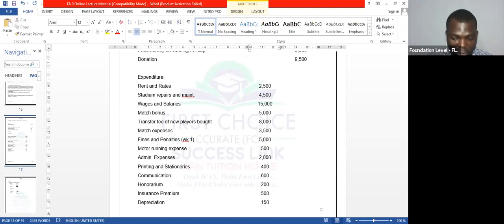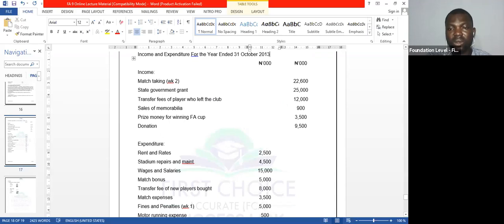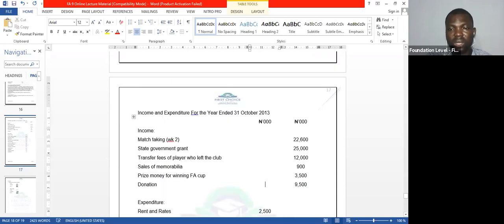So other match takings are also accounted for. The next thing for us now is to add up. If we add up all this income together, that will give us a total sum of what? So press the calculator.